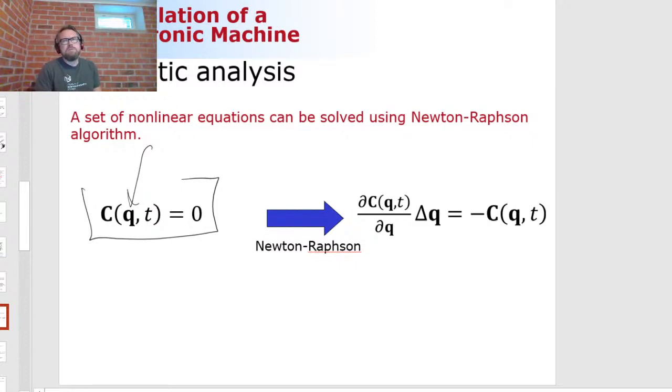As mentioned, Newton-Raphson is an iterative method. It gives you information about how you can modify these generalized coordinates to reach the correct solution, but it's not explicitly telling you what the coordinate is supposed to be.